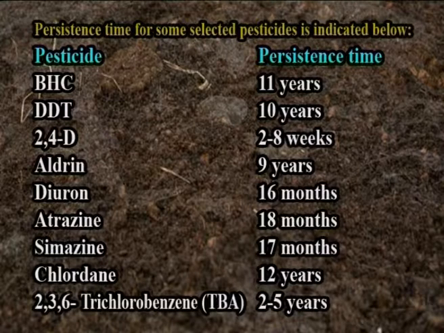Pesticides like BHC, persistence time is 11 years, DDT 10 years, 2,4-D 2 to 4 weeks, Aldrin 9 years, Diuron 16 months, Atrazine 18 months, Cyanazine 17 months, Chlordane 12 years, 2,3,6-dichlorobenzene 2 to 5 years.